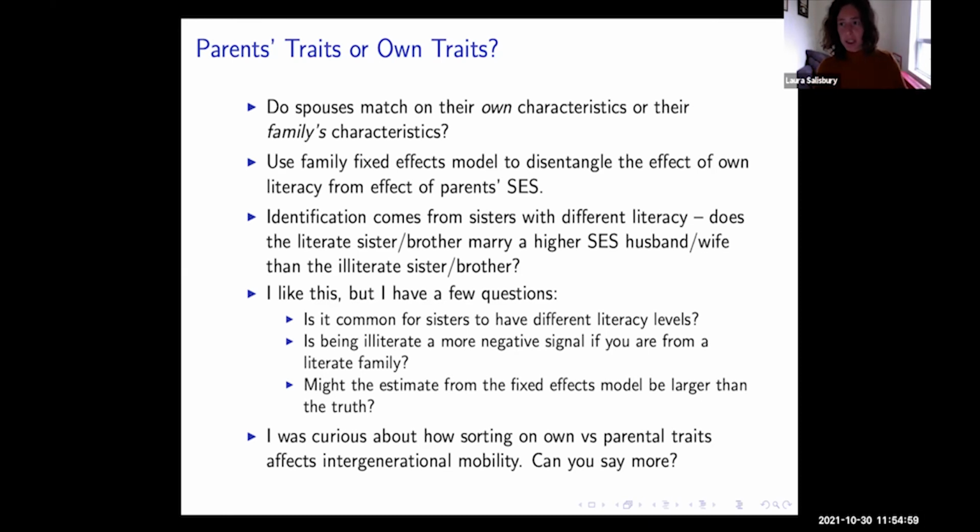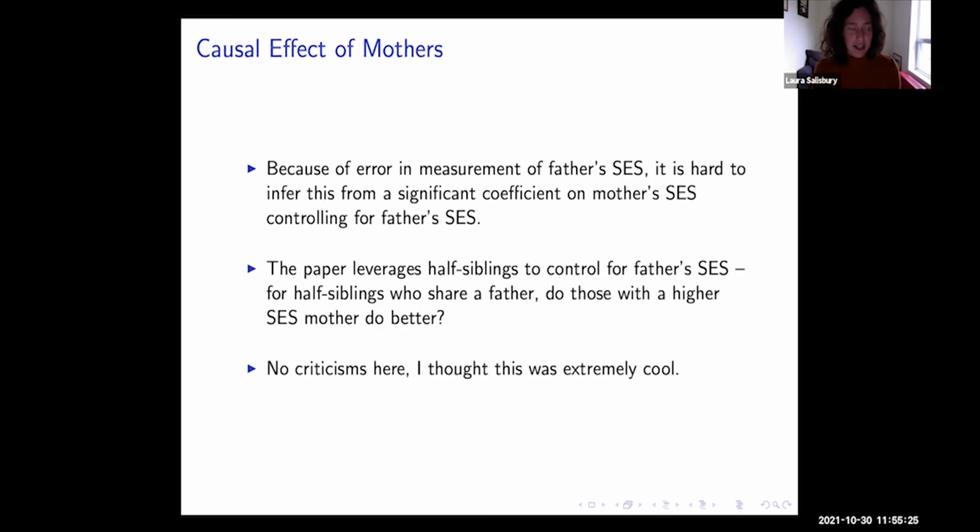I would also be curious to hear about, so you can show that people sort on their own traits rather than exclusively parental traits. I want to know a little more about how this matters for the intergenerational persistence of socioeconomic status. That's an interesting question.